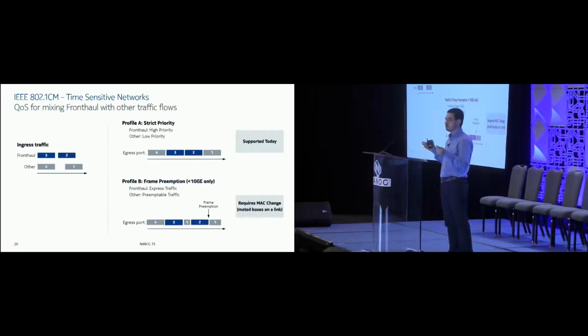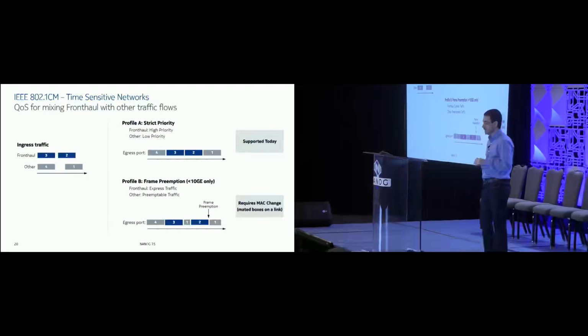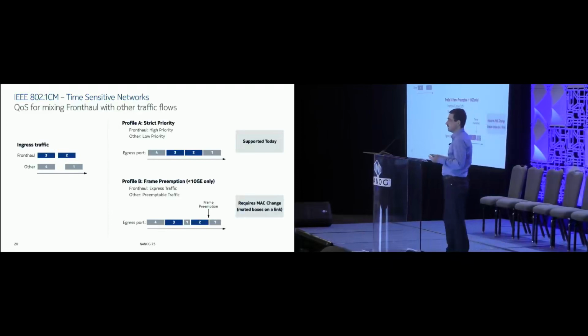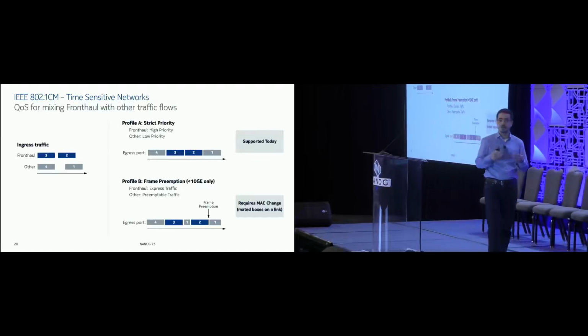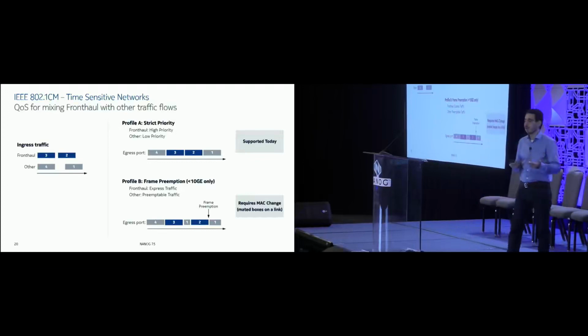Both ends of the link need to support that. And you see some specific front haul products supporting that. But again, this only makes sense in lower speed links because the serialization delay is larger, right? As you move into higher speed links, the serialization delay gets lower and lower, and then the jitter is just not affected anymore by strict priority.